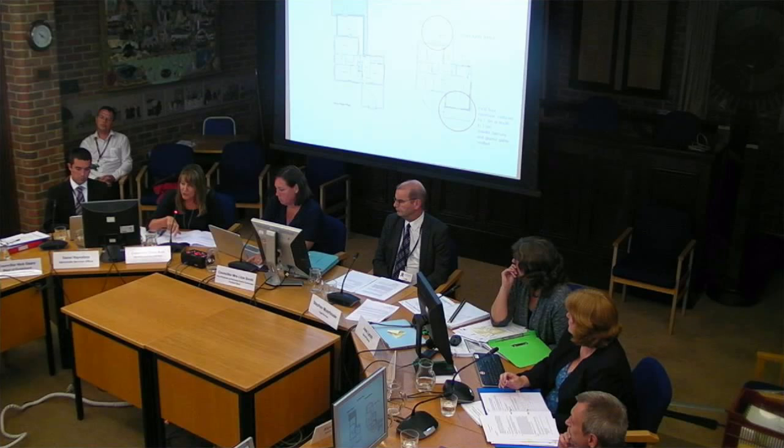But you will notice there is already a window in this elevation. So the relationship from that balcony over to number 11's amenity space at the rear, have you got that distance, please?